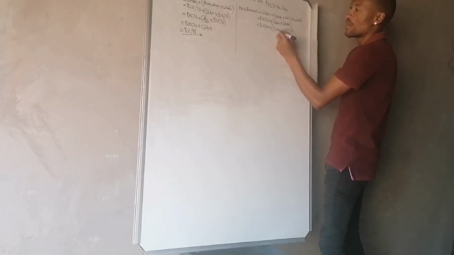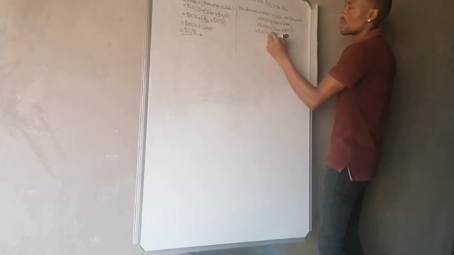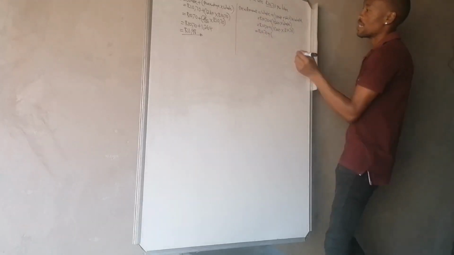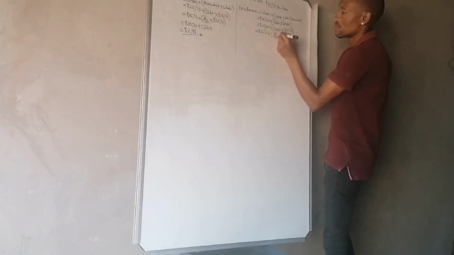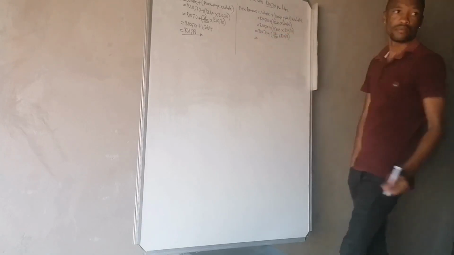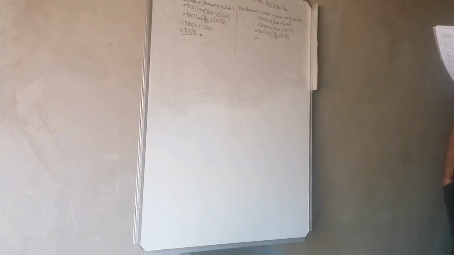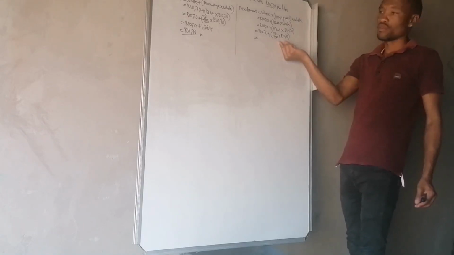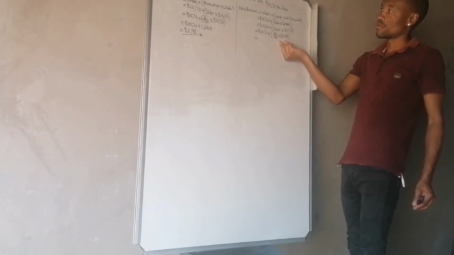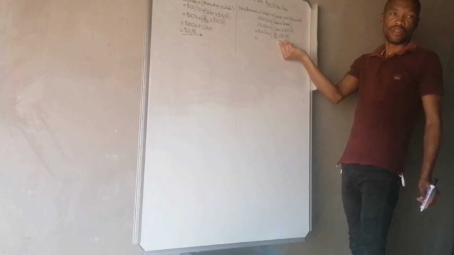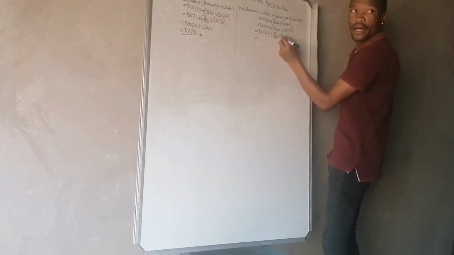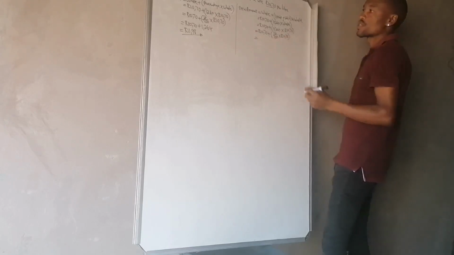Calculating 112% multiplied by 10 rand 70, we get 1,198.4, which is 11.984.